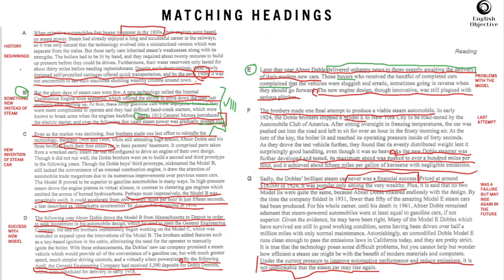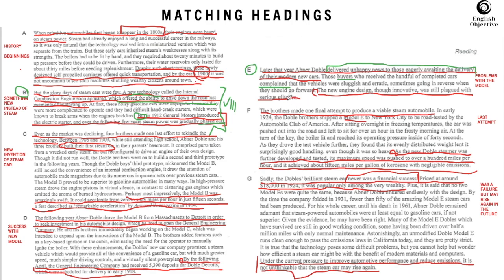So quite disappointing, complaining that the vehicles were sluggish and erratic, sometimes going in reverse when they should go forward. So everything is backwards. The engine design, though innovative, was still plagued with serious glitches.